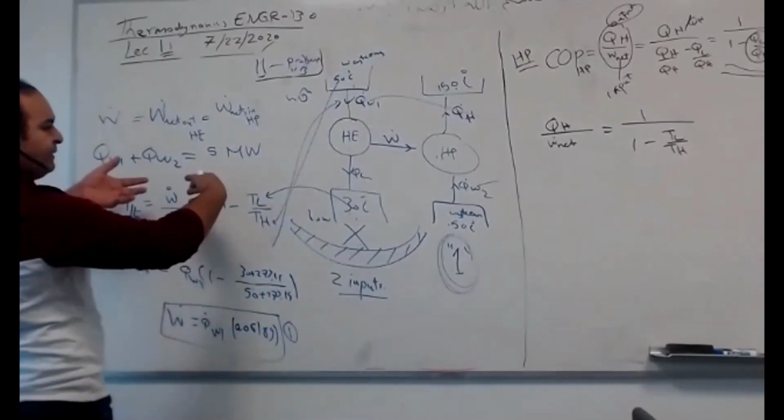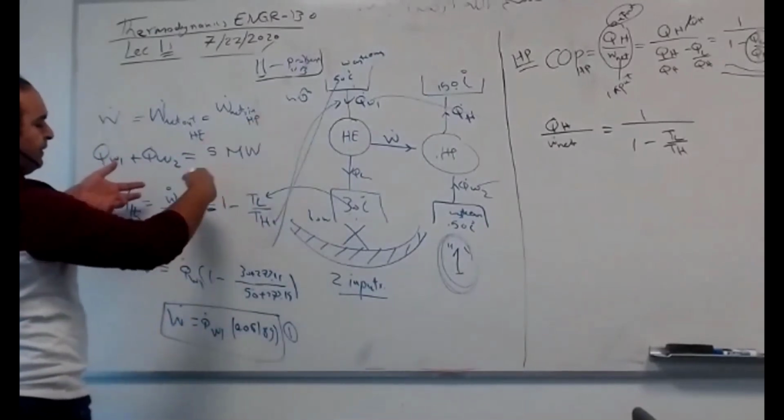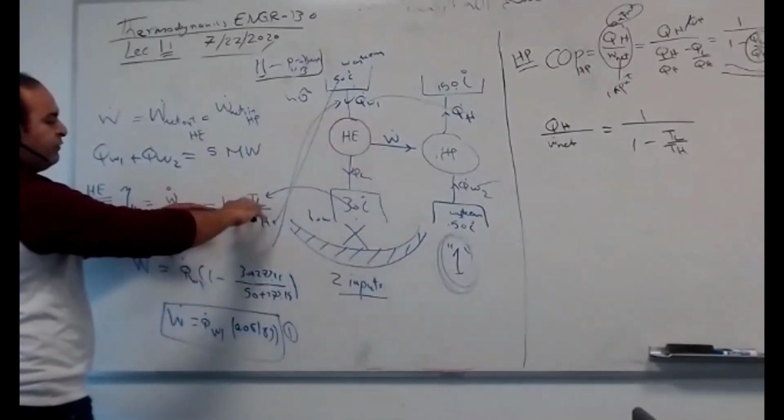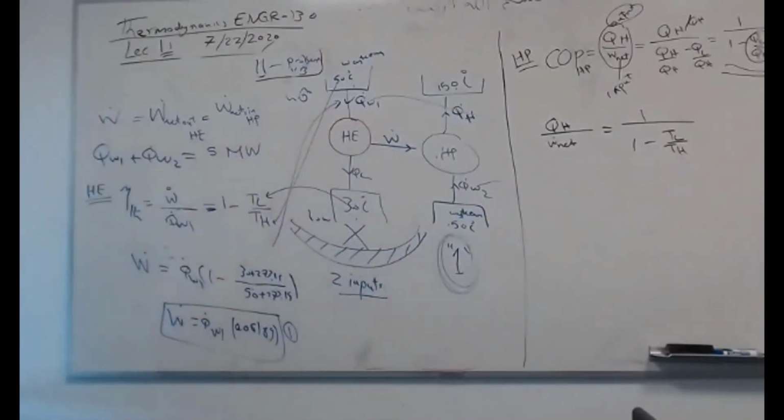If you reverse it, it becomes COP. So Q high over W dot equals 1 over this. Correct, guys?